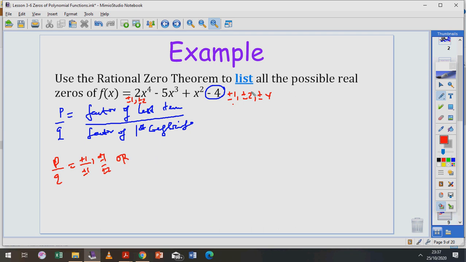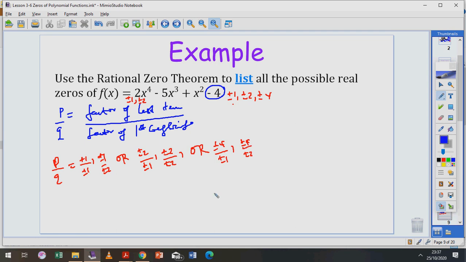Another possibility is, now I move to the second one, plus or minus 2 over plus or minus 1, or plus or minus 2 over plus or minus 2. The third and last possibility could be, remember p is the factor of the last term, so plus or minus 4 out of plus or minus 1, or plus or minus 4 out of plus or minus 2.